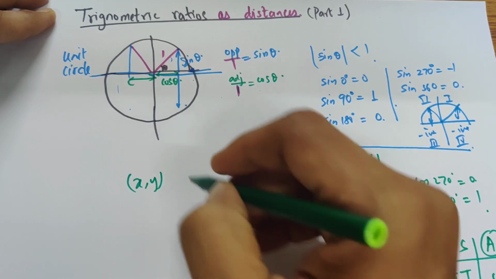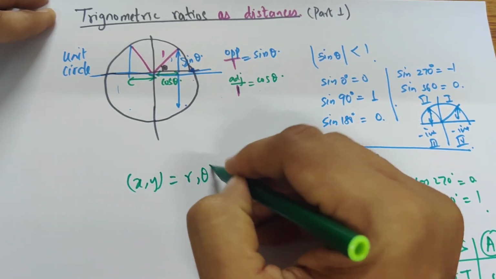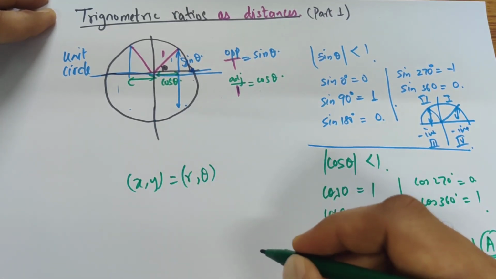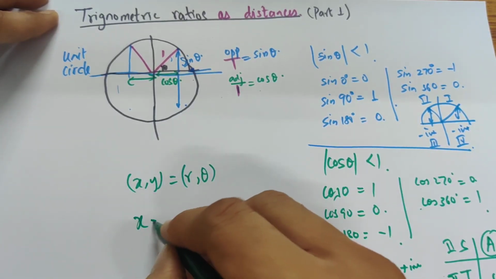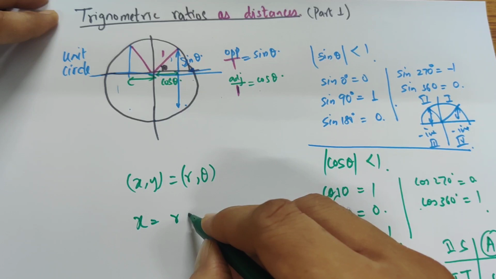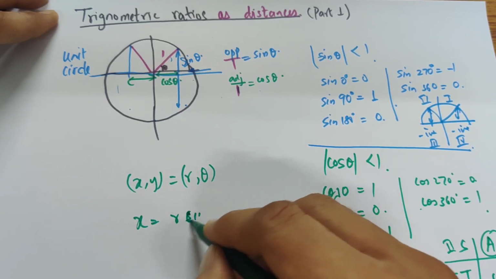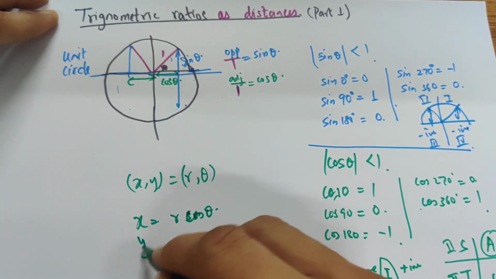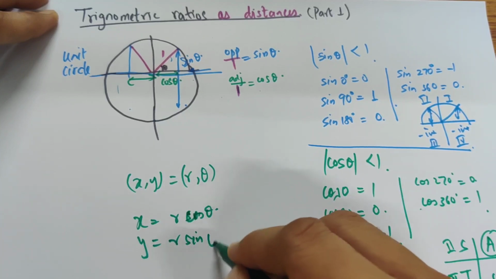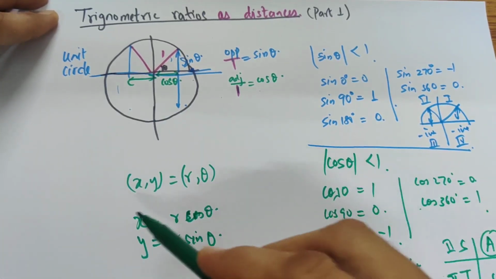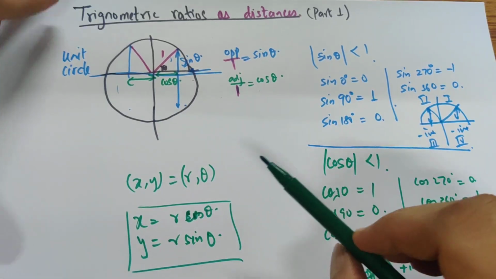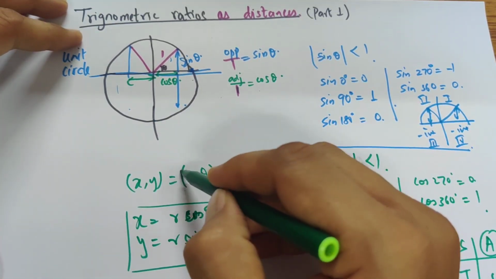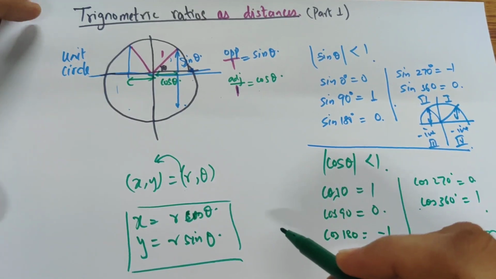But you can also represent it as r and theta, that's our polar system. And converting from polar system to rectangular system, x is r cos theta and y is r sine theta. So this is fairly standard. This is something that all of us use when converting from polar into the coordinate system xy.